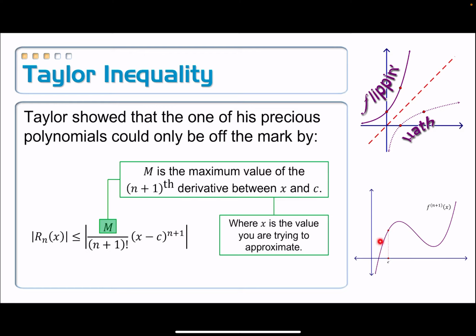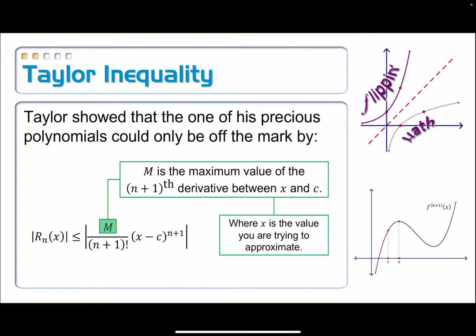The interval that we need is all positive, so who cares about the absolute value? Here's where we're centered at c, and then let's say, for example, we are trying to approximate our function at our x value. On the interval that contains both of those points, we can see that our n plus 1th derivative is increasing, and so the maximum value happens at c, so I'd select that one.